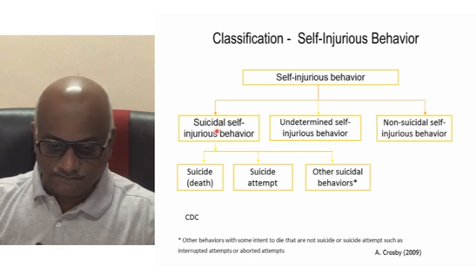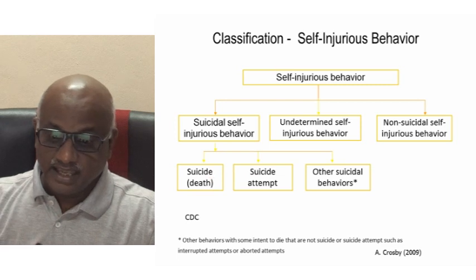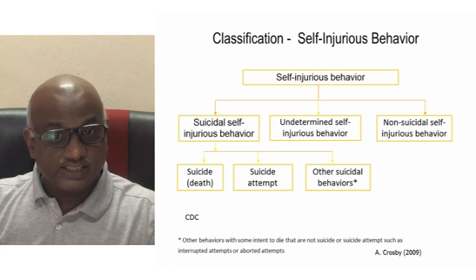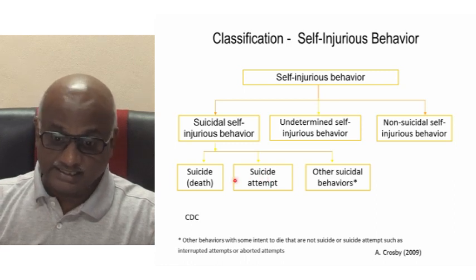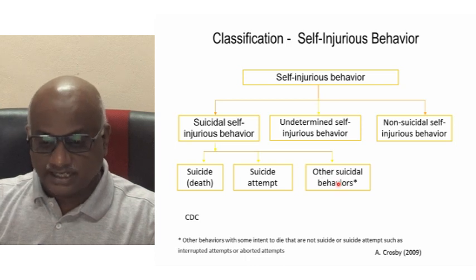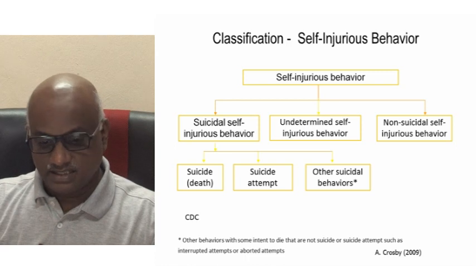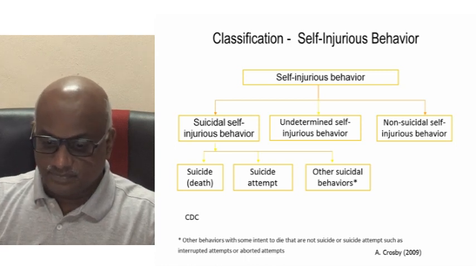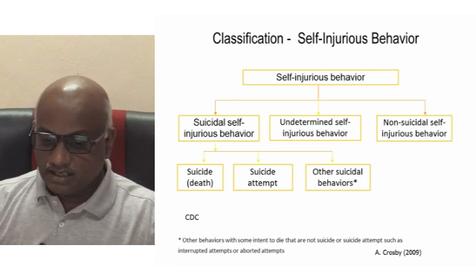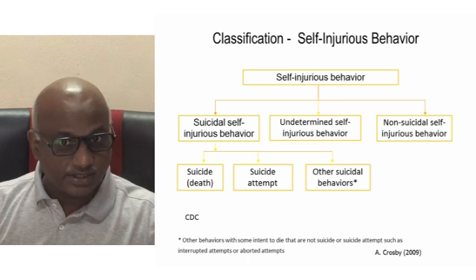Now if you look at this first group, suicidal self-injurious behavior can lead to three outcomes. One, of course, is suicide, where death is the outcome. Then we have another group called suicide attempt, and then other suicidal behaviors. There is some intent to die that are not suicide or suicide attempts, like for example, interrupted attempts.